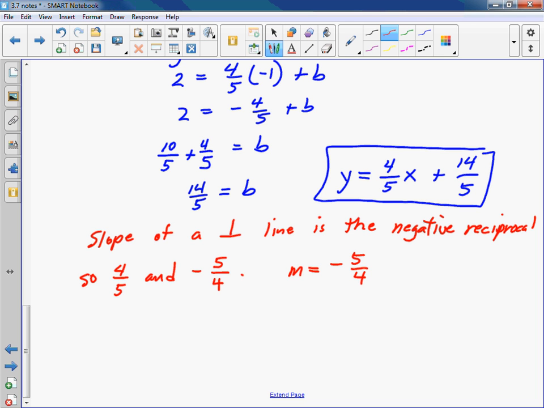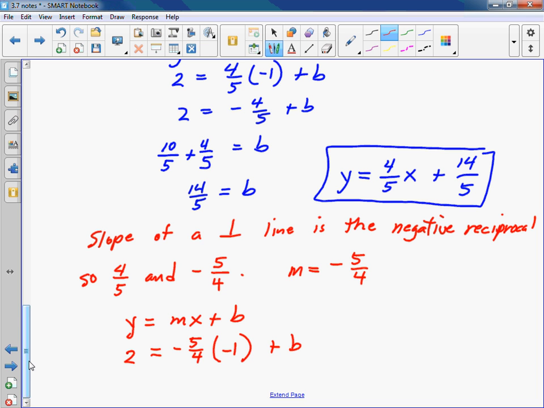So once again, we can say y equals mx plus b, and we can say 2 equals negative 5/4 times negative 1. And again, I'm using the ordered pair negative 1, 2 that we started with in the beginning, plus b.